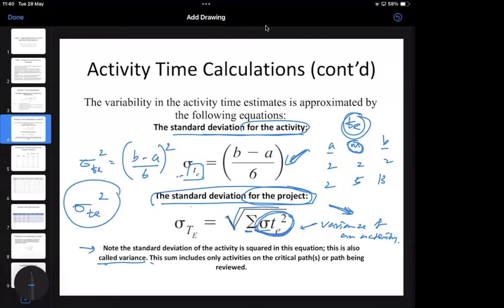Right. This sum includes only activities on the critical paths or plan being reviewed. So when finding the project's standard deviation, we take the variances of only the activities on the critical path. Is it clear?